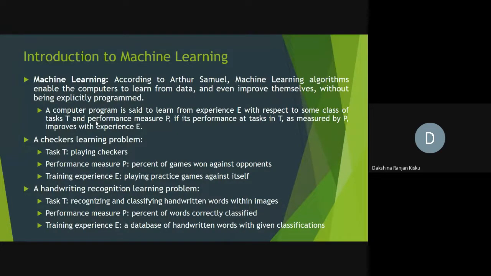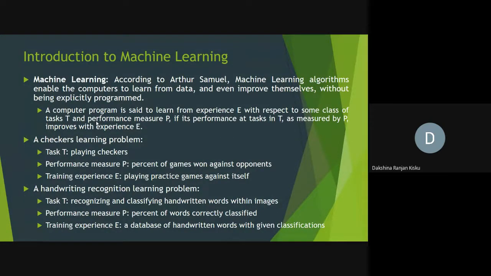Now, if we decide on some class of tasks T, and if we measure the performance with P, then we believe that the computer program can learn from the experience or the data set which has been provided to it with respect to some class of task T, and gradually, as the computer program learns, it will improve its performance at doing the task T. Okay, so in a different way we can articulate this fact.